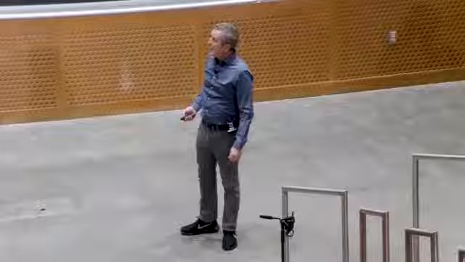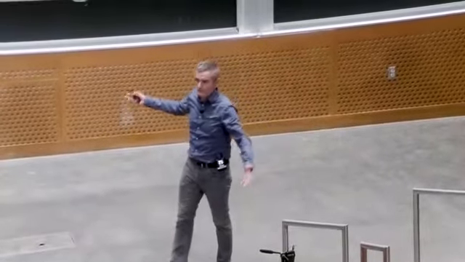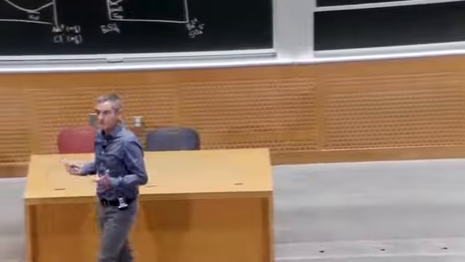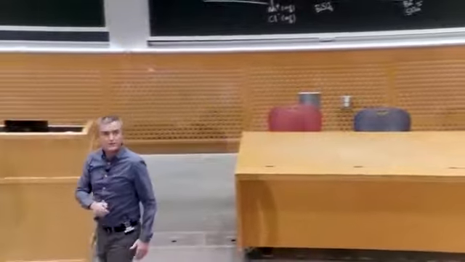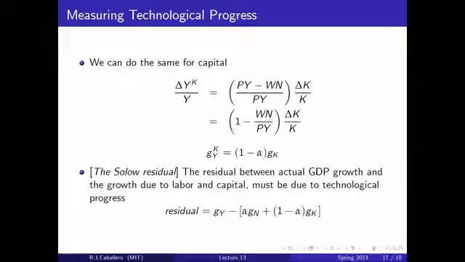Okay? I can do exactly the same with capital. And if you have more factors of production, you can do the same for each factor of production. But in this simple example, we have only two factors of production, labor and capital. So I can do the same for capital. And I can say the contribution of capital growth to output growth is going to be equal to the capital share, which is the complement of the labor share.